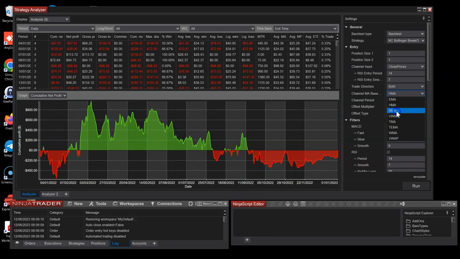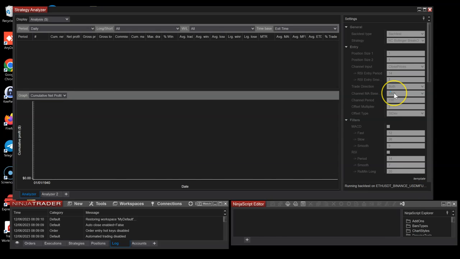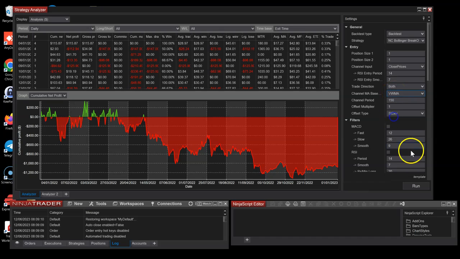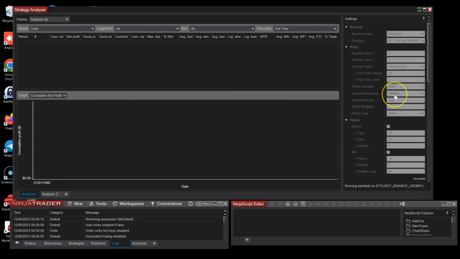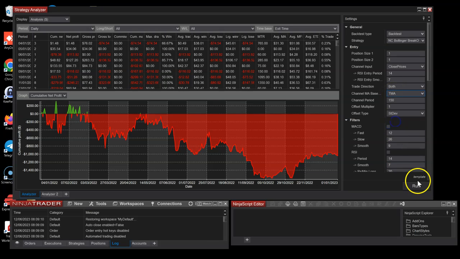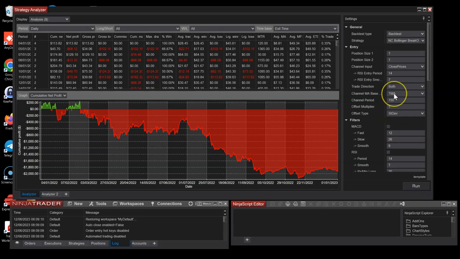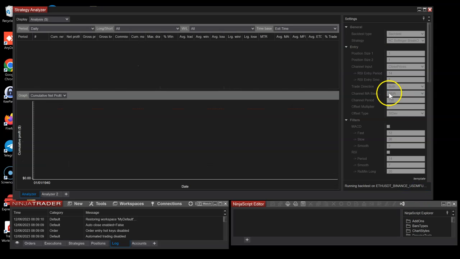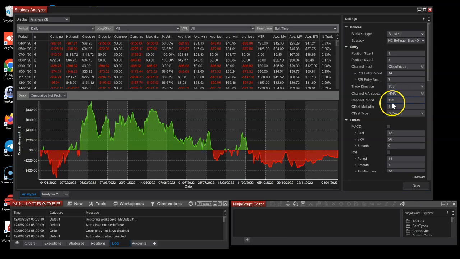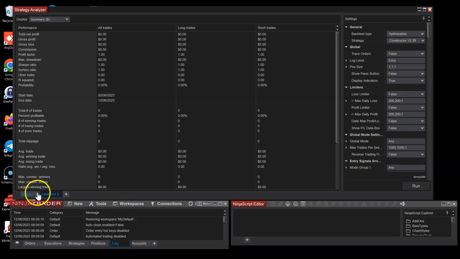Now, if I cycle through these, HMA, SMA, you can see that they're also impacting this quite a lot. And it can't really go on forever. So it's quite obvious for me that I want to try to get the best period and the best MA type in order to figure this out.